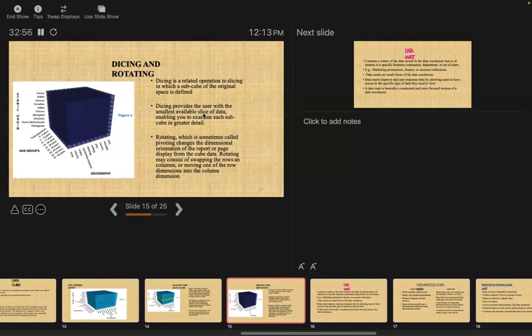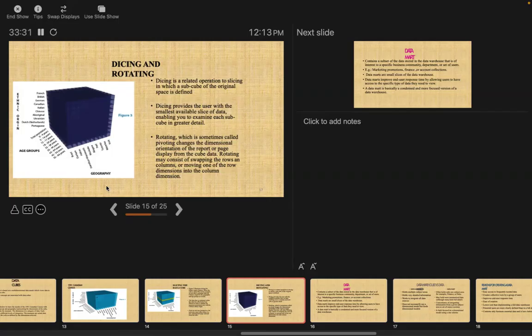It provides the user with the smallest available slice of data, enabling you to examine each subcube in greater detail. If you take a cube, that is slicing, and inside that cube you take only one dimension or subcube, then that subcube will give you more clear information with respect to a particular dimension. So dicing is nothing but operations related to finding a subcube in a cube that you got from slicing.